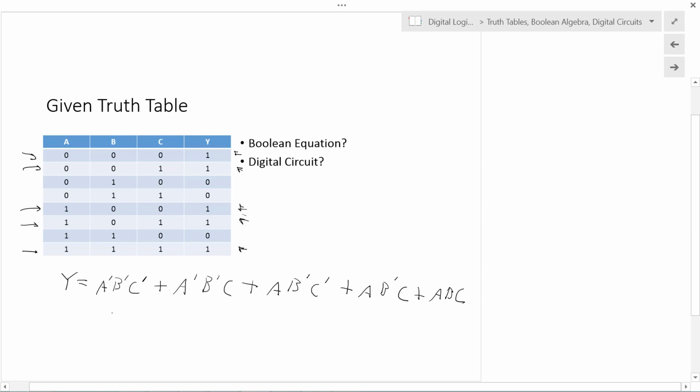What does the digital circuit look like? Well, let's draw it out. We have 3 variables, A, B, C. How many of these variables are inverted? Well, we can see from the first term over here that all 3 of them are inverted, so we're going to need 3 inverters.